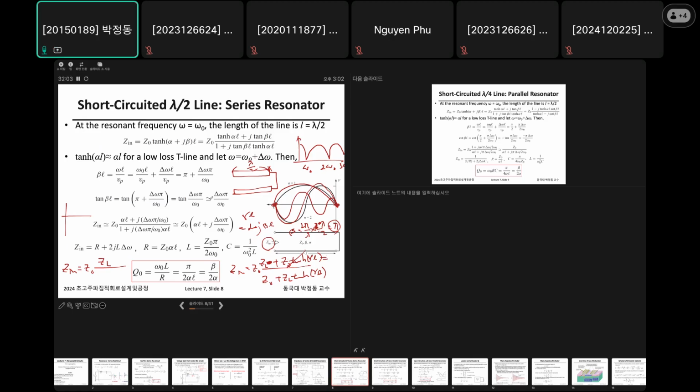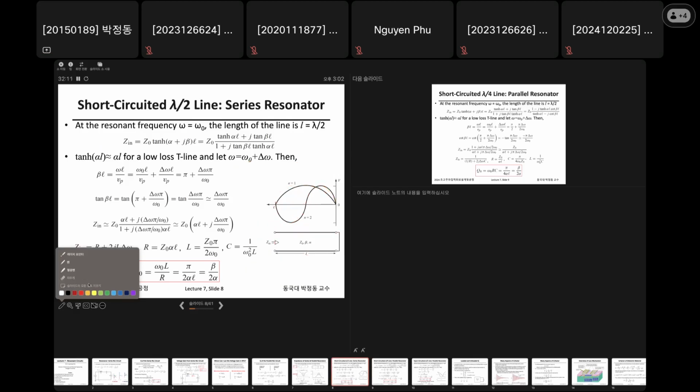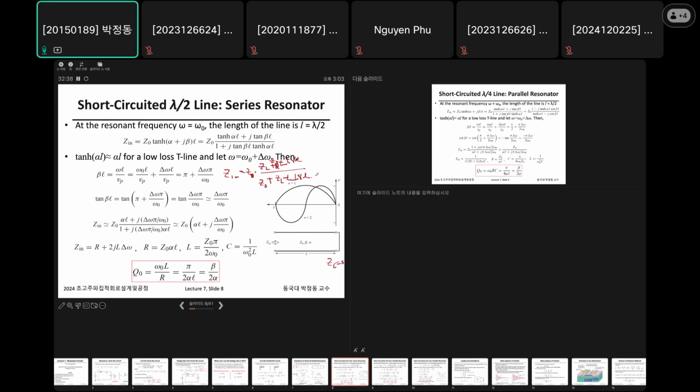Okay, so you have to use this way. Since GL is 0, you have to use this first: G0 and GL plus tangent hyperbolic gamma L, over G naught GL tangent hyperbolic gamma L. So here GL is 0, so this becomes 0, this becomes 0.